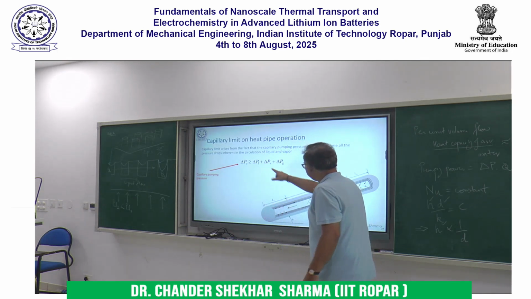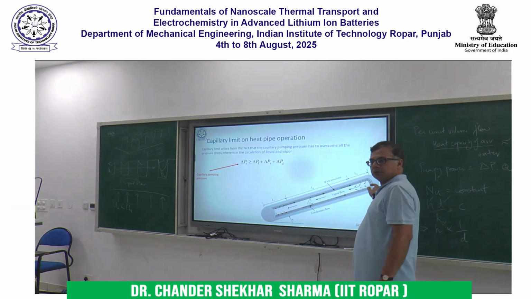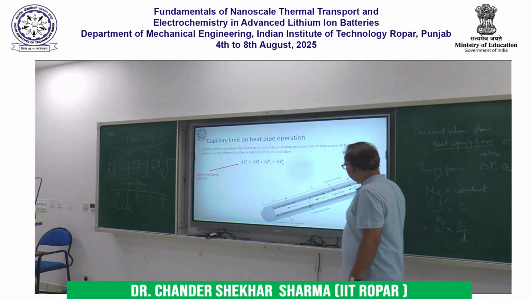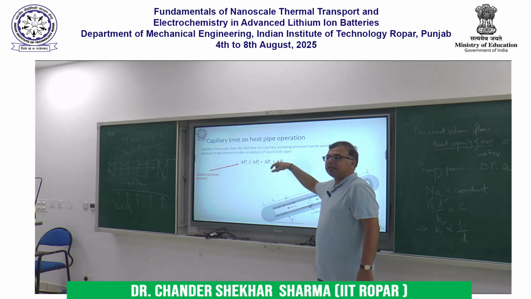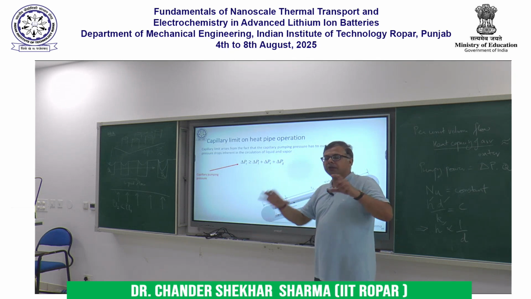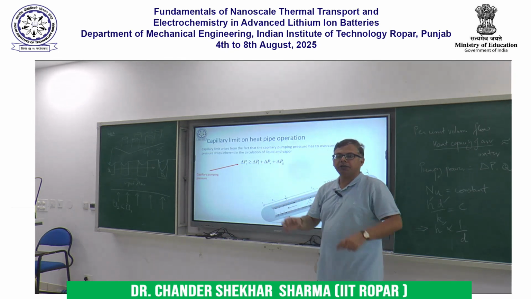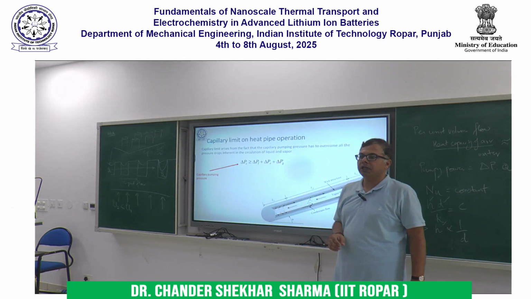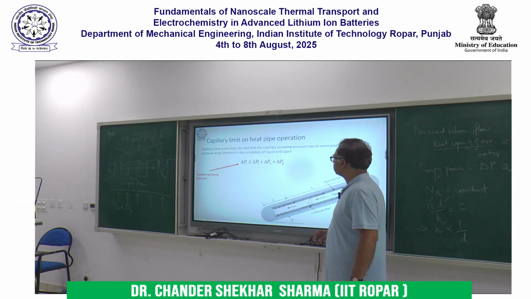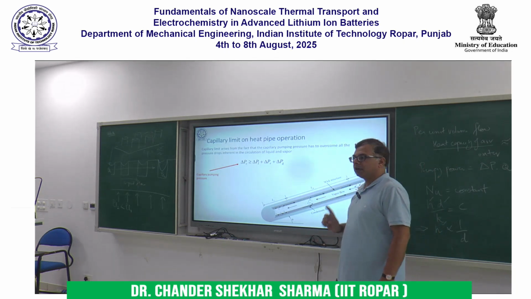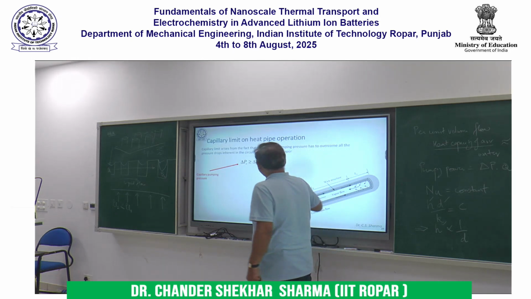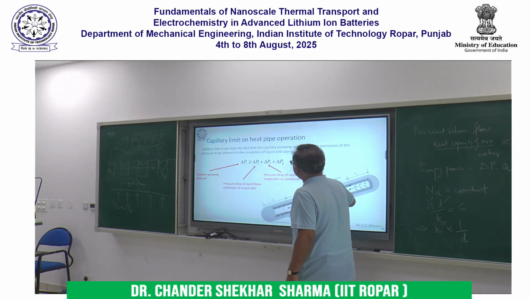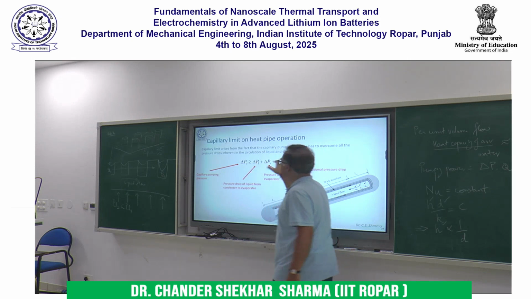First is the pressure drop of the liquid as it flows through the wick, then the pressure drop of the vapor as it flows through the center section, and then any gravity related pressure drop, depending upon the orientation of the heat pipe, if the heat pipe is large in dimensions. The heat pipe will work properly, that is the wick will not dry out at the evaporator section, as long as the capillary pumping pressure is greater than the sum of these 3.